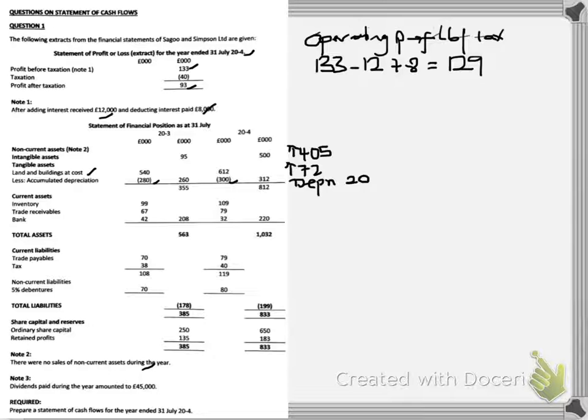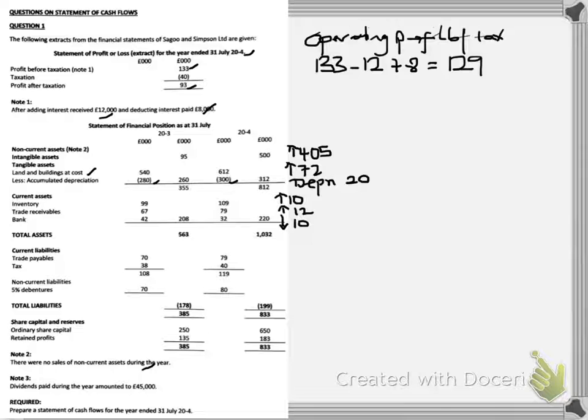All right, next, inventory has increased by 10. Trade receivables has increased by 12, and bank has decreased by 10.